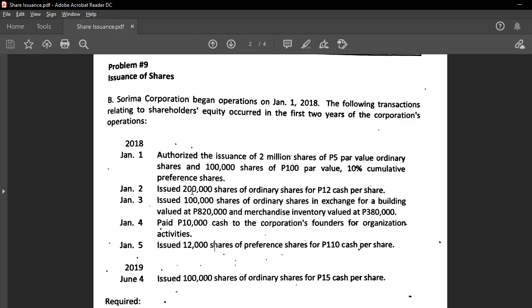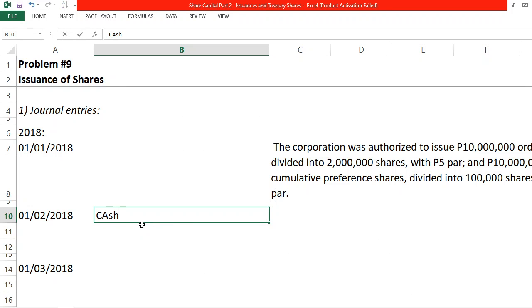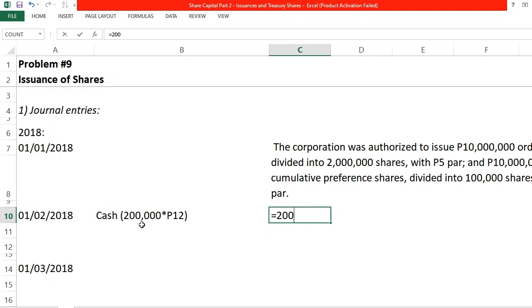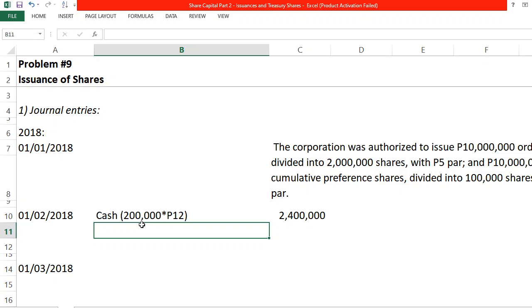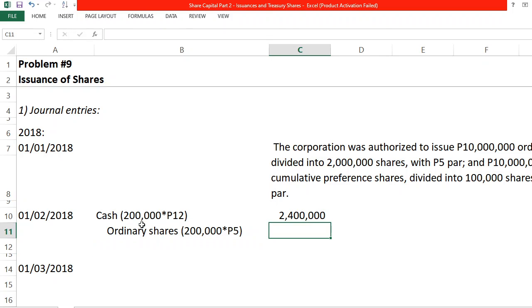Issued 200,000 ordinary shares for 12 pesos, and that is 2.4 million. And then credit ordinary shares 200,000, but the par value is just 5 pesos, right?